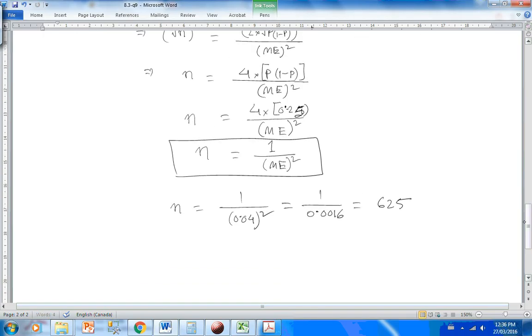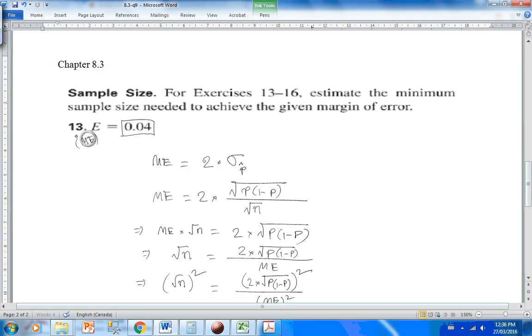I hope that helps you understand how to attack a question like this.